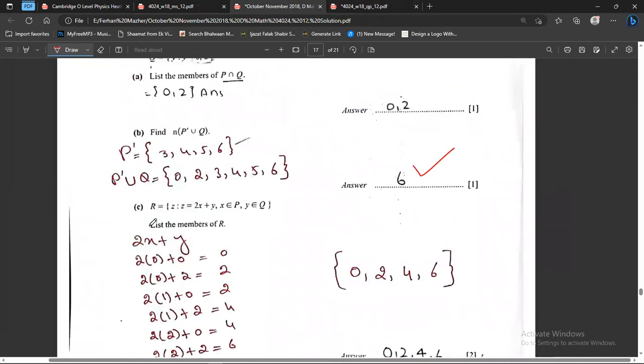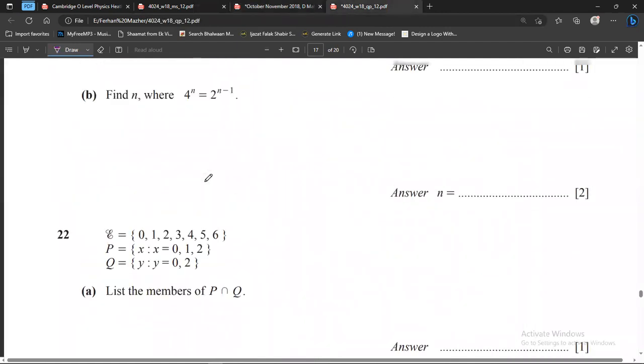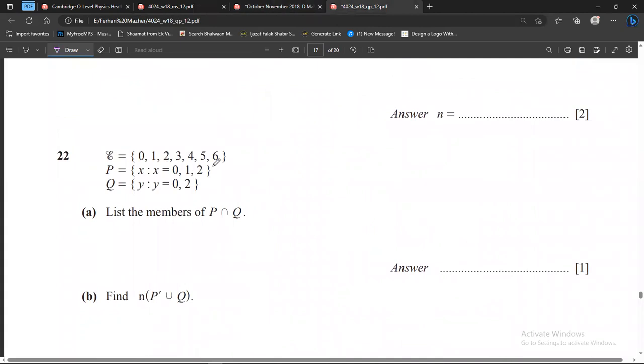P is 0, 1, 2, and Q is 0, 2. The pairs are 0, 0; 0, 2; 1, 0; 1, 2; and 2, 0; 2, 2.